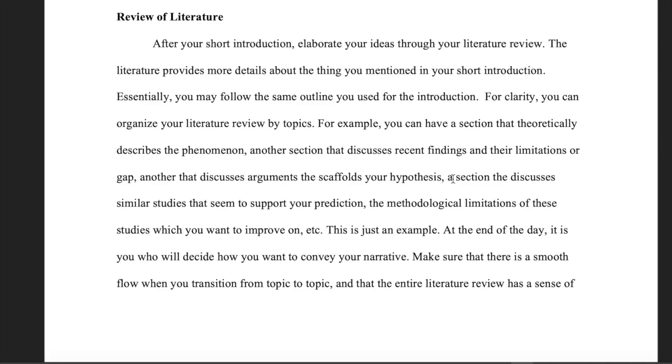After synthesizing these studies, what are the unanswered questions, or at least identify one unanswered question, one glaring research gap which you want to address.